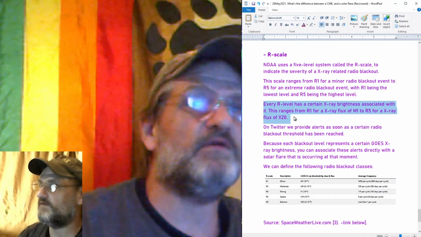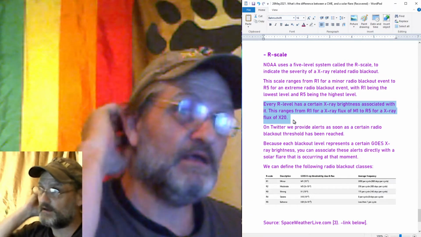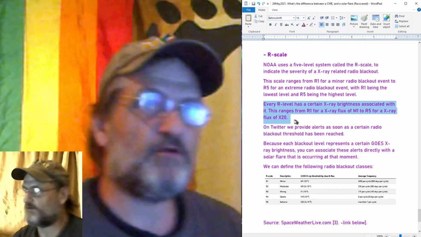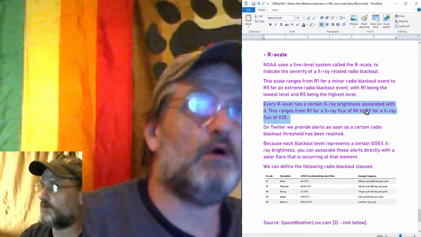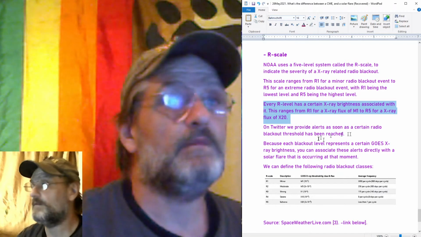Every R level has a certain X-ray brightness associated with it. This ranges from R1 for an X-ray flux of M1 to R5 for an X-ray flux of X20.